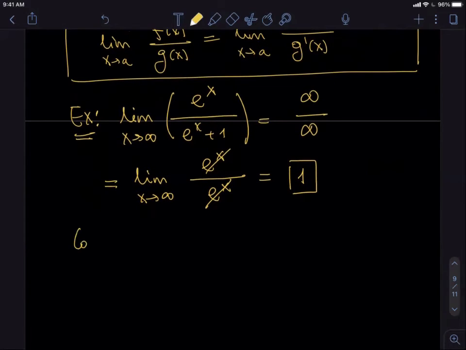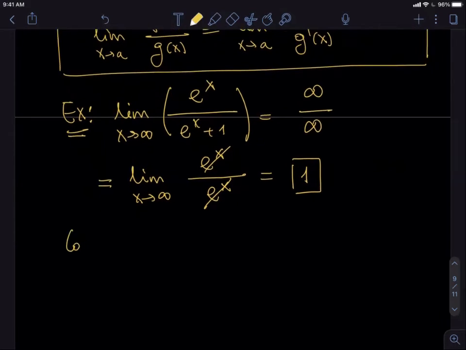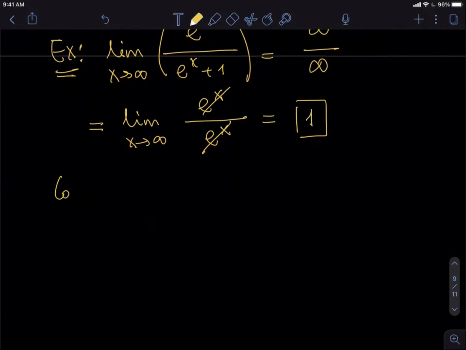Now let me give you a warning, because it happens sometimes that we learn a new technique and we start applying it everywhere, even when we shouldn't. So make sure to check that you can apply the technique.